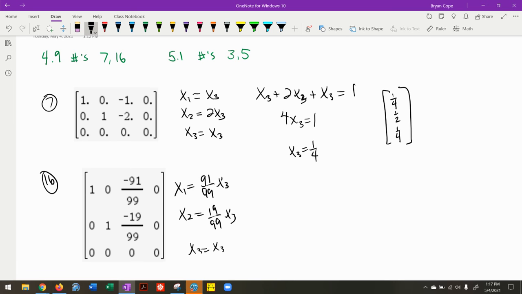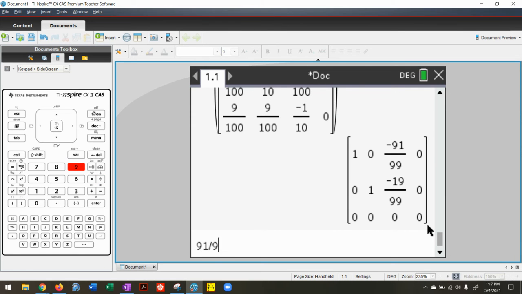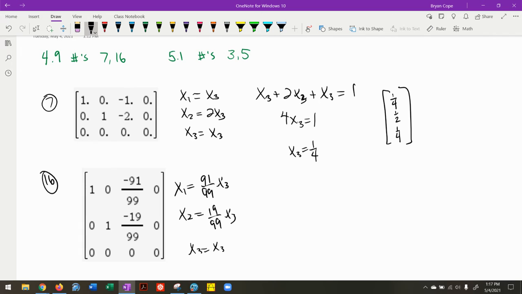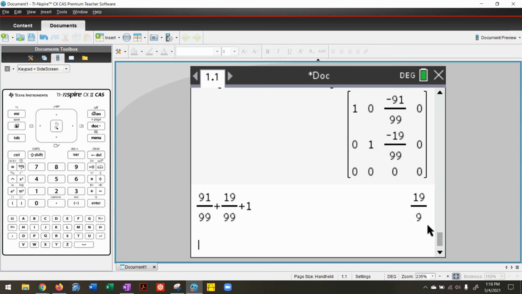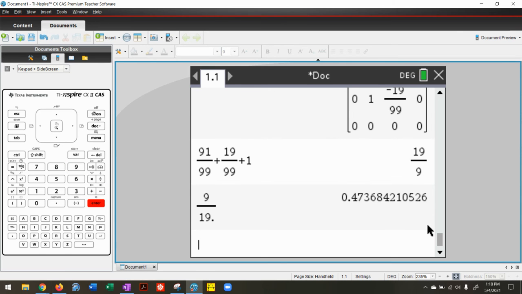So let's take 91/99 plus 9/99 plus 1. 19/9 x3 equals 1. So x3 equals 9/19. Okay, if that is the case, let me confirm that real quick. 9/19 is that decimal, which is good.